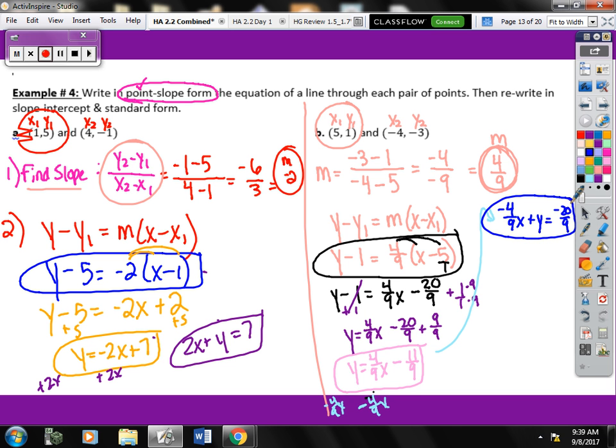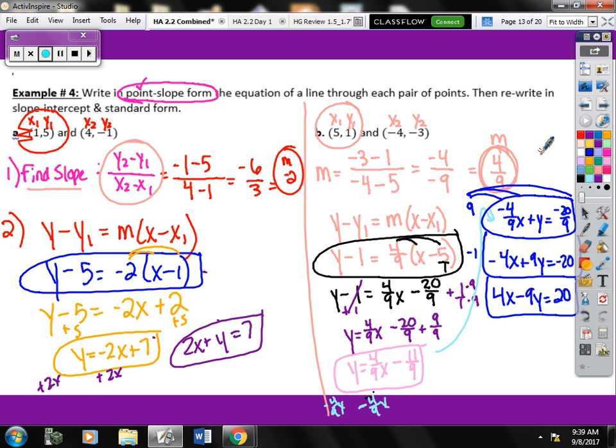Another form of the answer would be to multiply all of these by 9, which would get me negative 4x plus 9y equals negative 20. We also could multiply each of these by negative 1, changing the sign to be 4x minus 9y equals 20. All three of those are the same equation, depending which one you prefer.